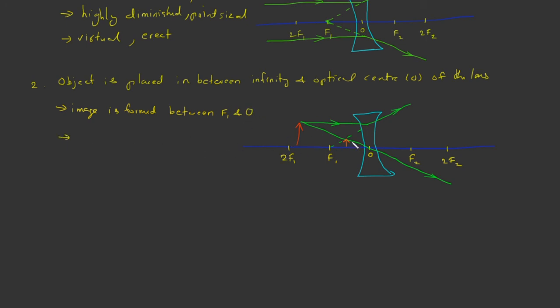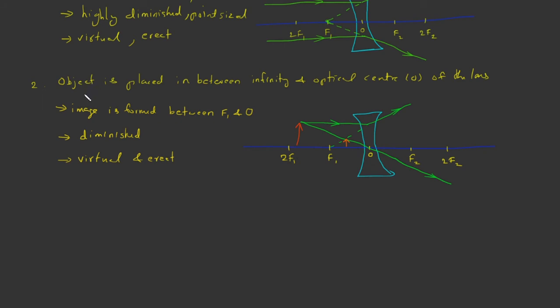We can see the size of the image is less when compared to the size of the object. So, the image is diminished. Also, you can see it is a virtual and erect image.